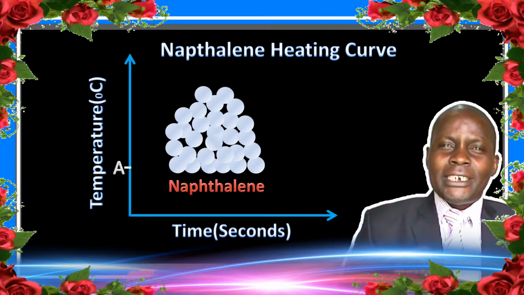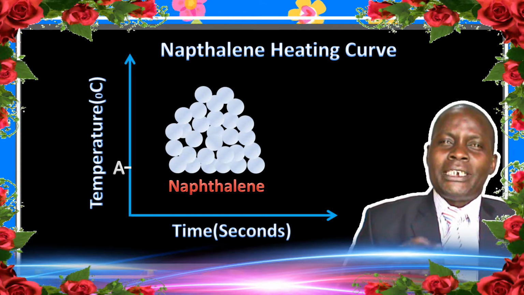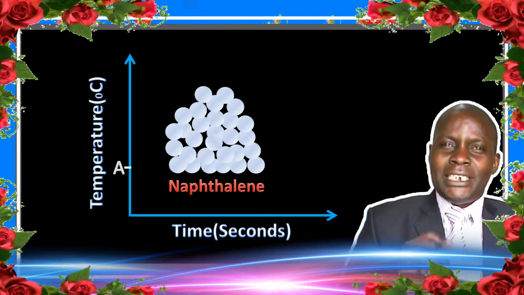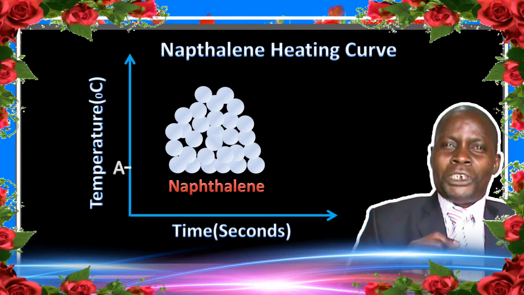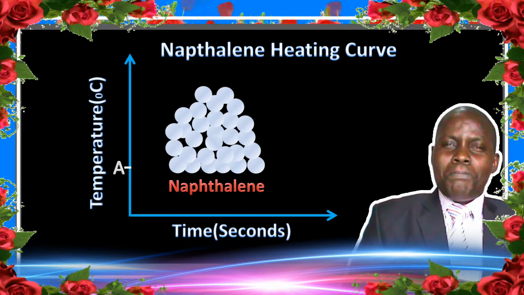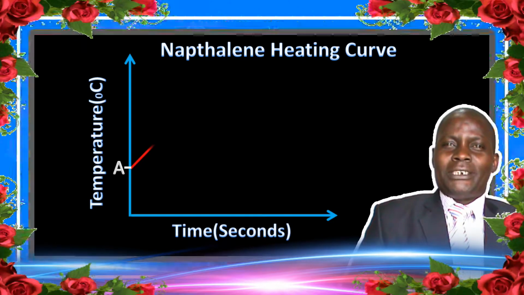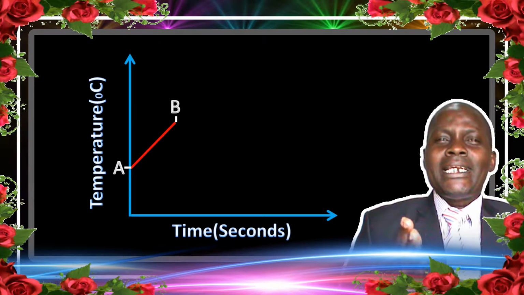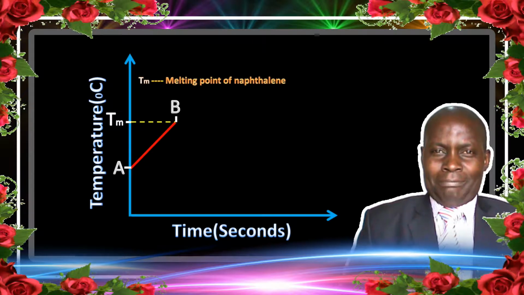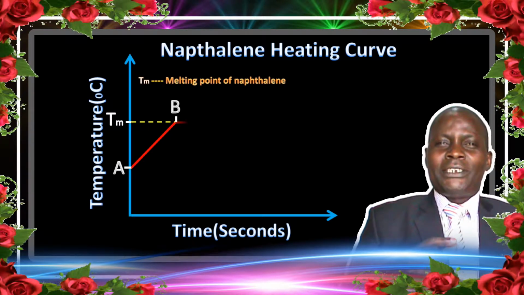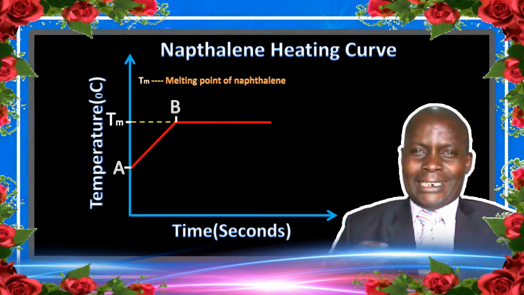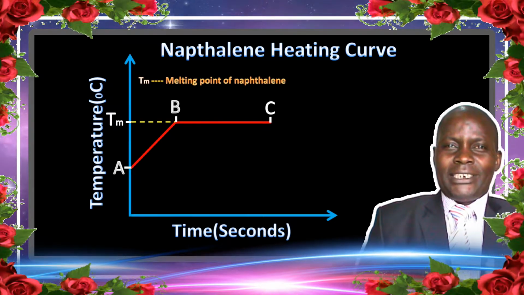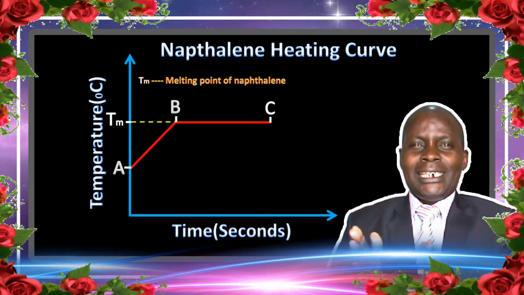From point A, that is when we note the temperature of naphthalene before we start heating, we give it point A. Then as we keep on plotting, we shall reach point B, when naphthalene starts melting. At point B, the temperature becomes constant up to point C. That is when the solid naphthalene is changing to liquid naphthalene.